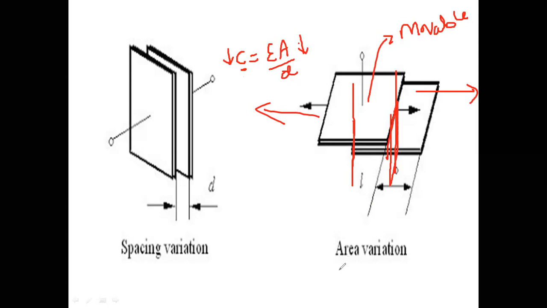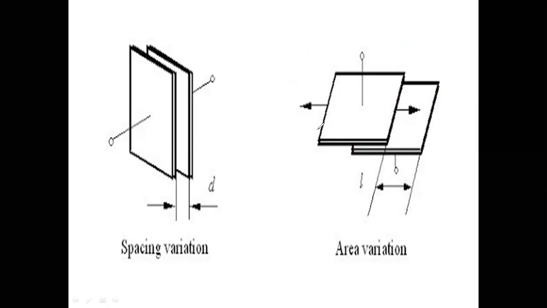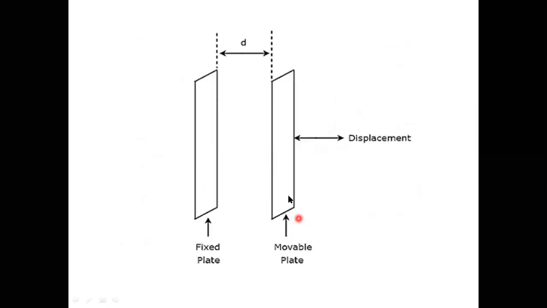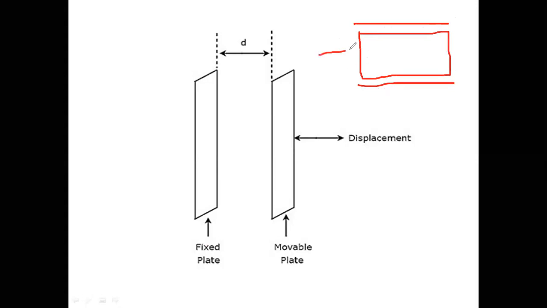And I can vary the dielectric material also. See here, let us take this second fixed plate. In between, I am placing a dielectric material. Now I am giving displacement to this dielectric material. If displacement is towards the right side, then this dielectric material will move towards the right side.